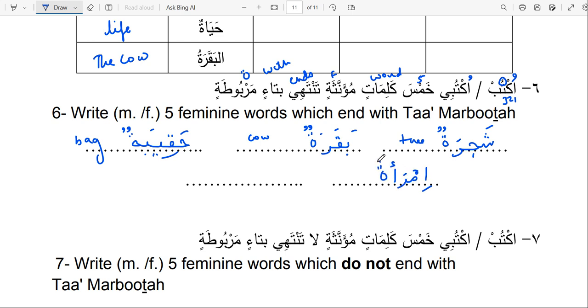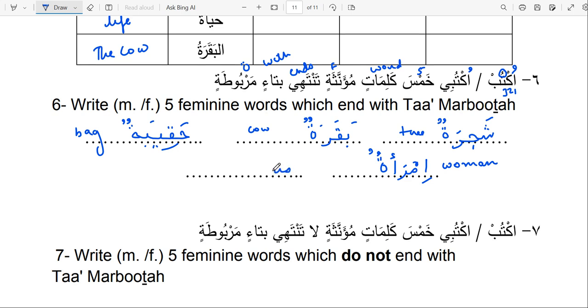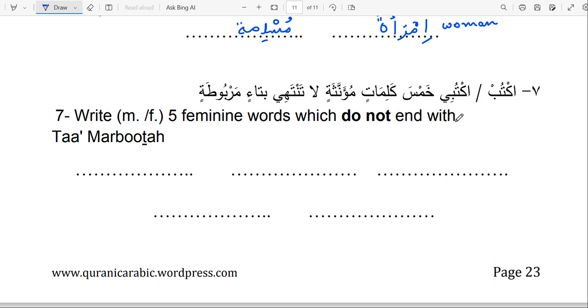And what else is there? Baqara, and what else? I don't remember the feminine nouns right now. Then Muslima, all with ta marboota, or mu'mina, anything. Now it's uktubi khamsa kalimat, write the 5 feminine words la tantahi, not ending. La is negation, not ending with ta marboota.